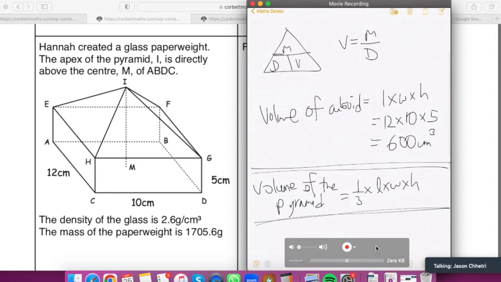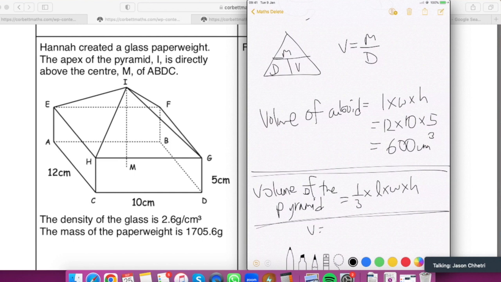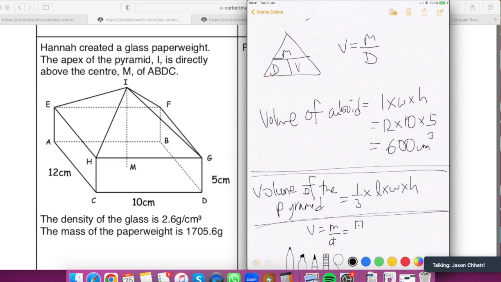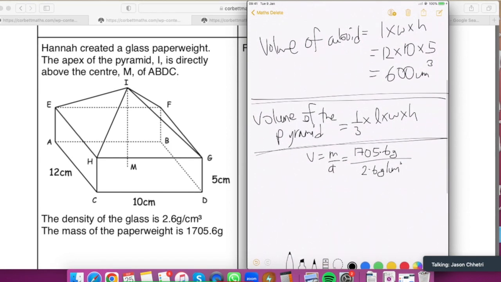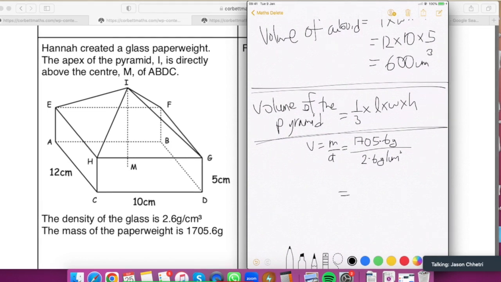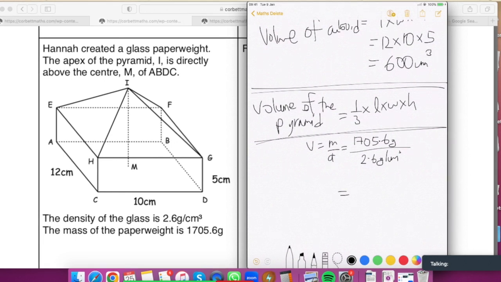I'm going to use this formula, mass divided by density, to get the volume of the whole thing. So the volume of the entire shape is mass divided by density, and the mass is 1705.6 grams divided by the density, which is 2.6 grams per centimeter cubed. So when I divide these two values, we get, oh, perfect.